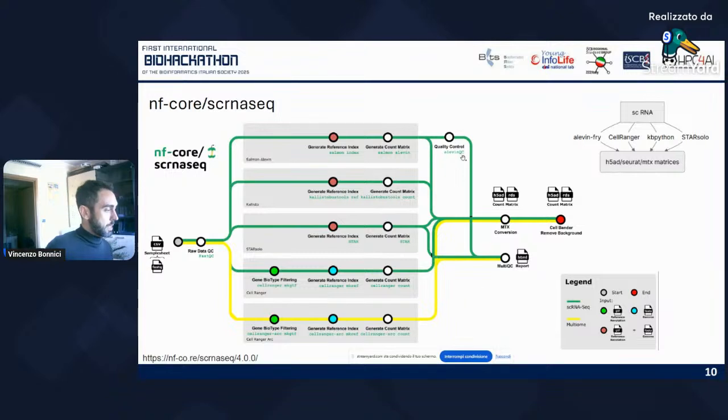Once you obtain this count matrix, it can be in several different bioinformatics formats. The most used one is H5.